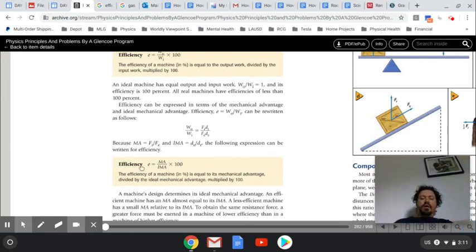Bigger. So that means this has to be larger, which means either the mechanical advantage has to be larger or the ideal mechanical advantage has to be smaller. One of those two things has to occur. Or they both could occur.